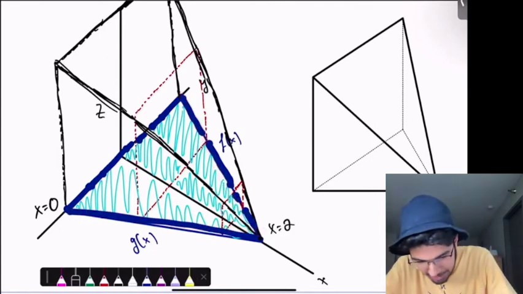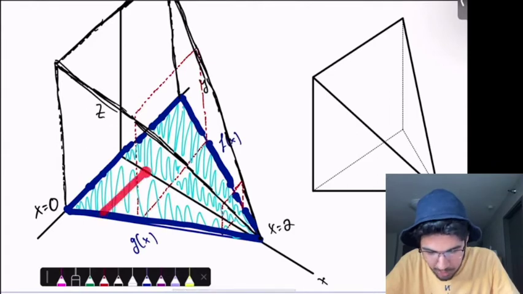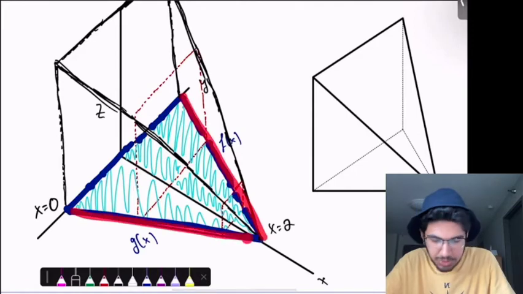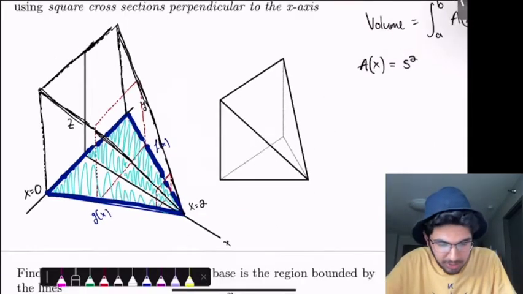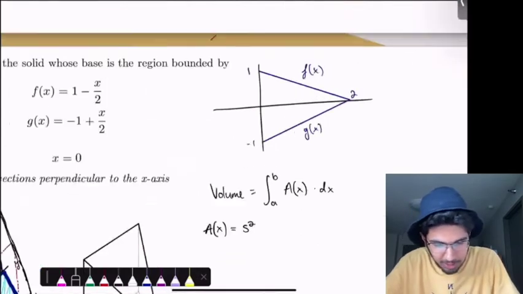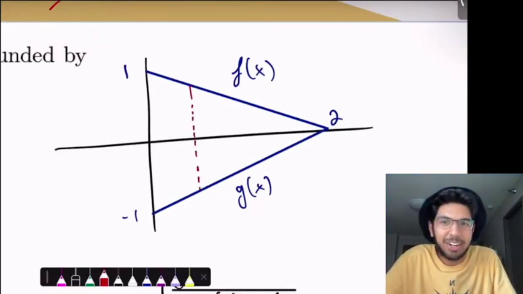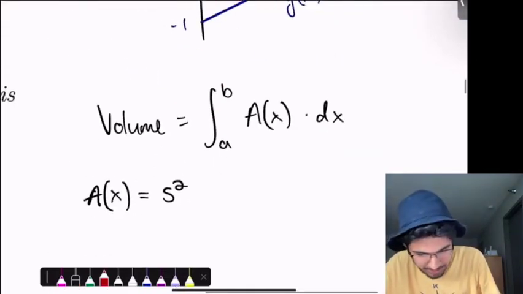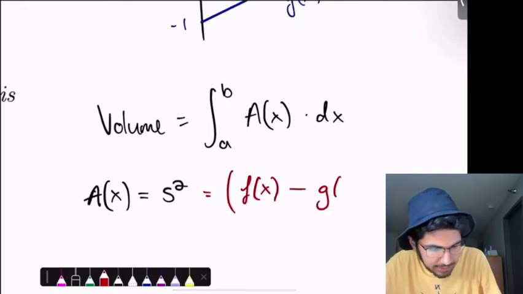If I choose any point along this line, you can tell me what this side length will be simply by taking the difference of these 2 lines at x equals whatever that point is. So let's go back to this diagram. If we draw this line here, that's a side length of a square. So really, s is going to be equal to f of x minus g of x.